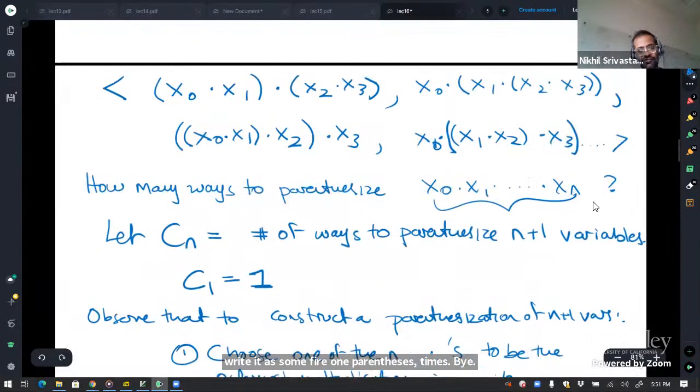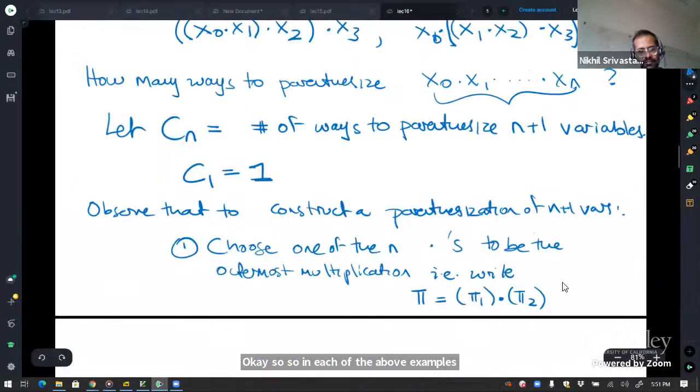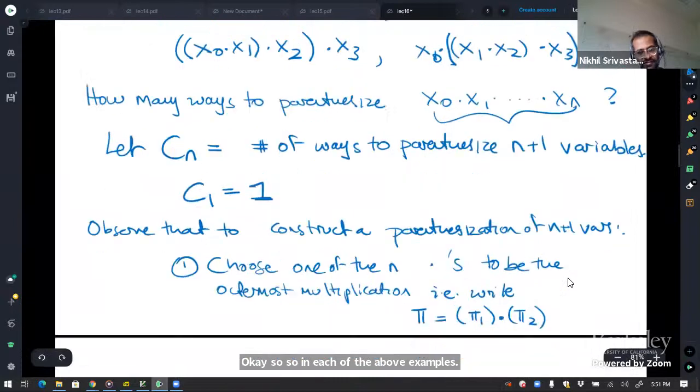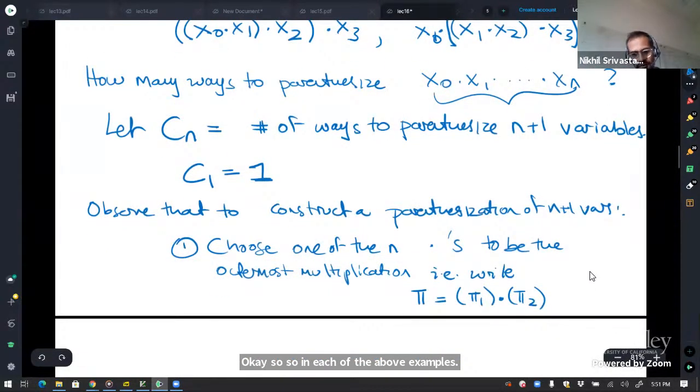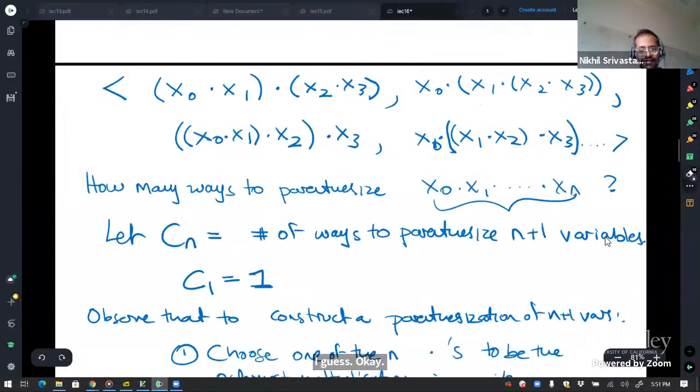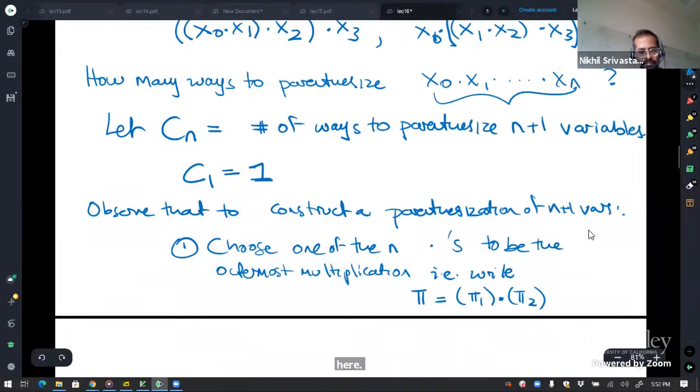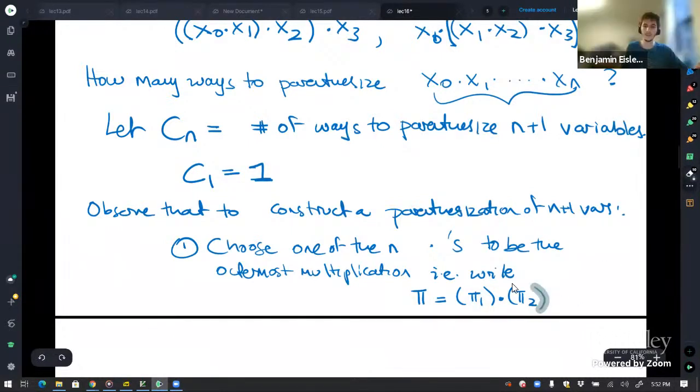Okay, so in each of the above examples, I can actually do this. I guess, okay, it's a little bit annoying because I haven't put parentheses here. If we make it the innermost, can't we just use the product rule?